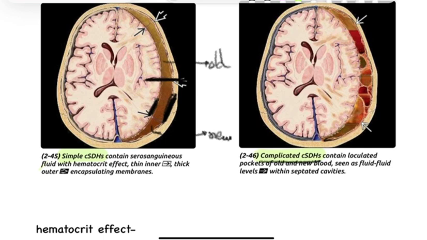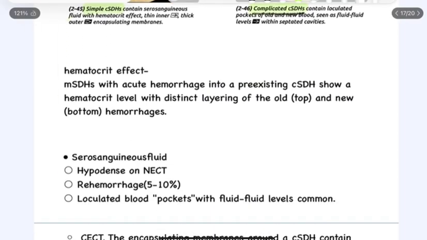In complicated chronic subdural hematomas, we can see loculated pockets of old and new blood, which is seen as fluid levels within the septated cavities.